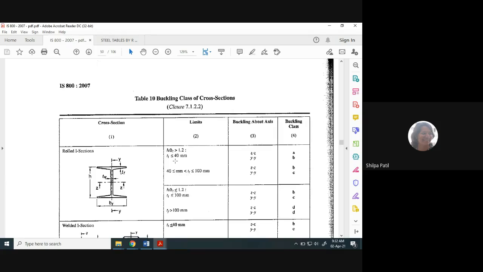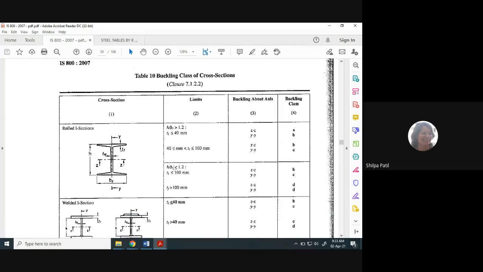What is the TF value given? 9.1 mm. So TF is less than 40. When the h by bf value is greater than 1.2, then we have to use these values. It is less than 1.2, so go to the next row. So the h by bf value is less than 1.2 and TF is less than 100, so our buckling class will be like this.